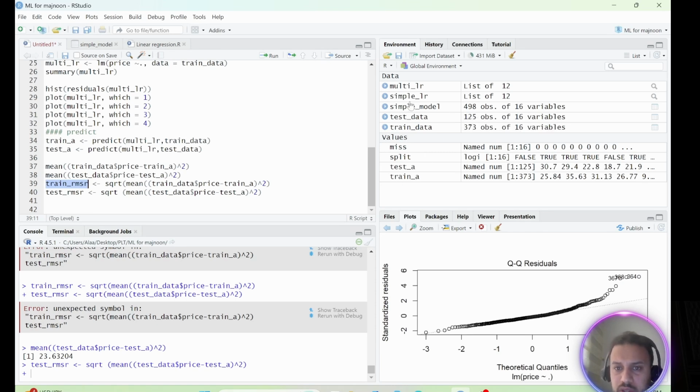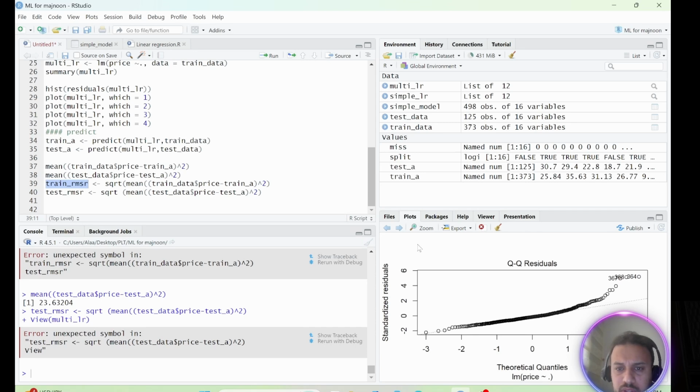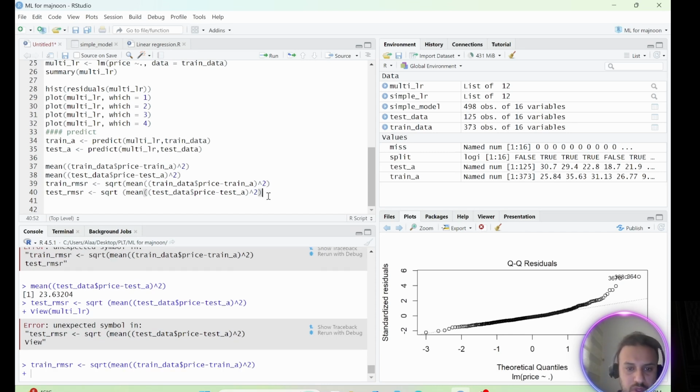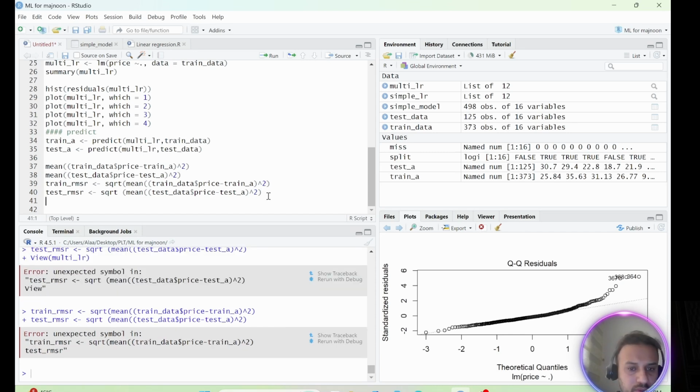Why is it not showing in here? Run again, this one mean square, and then we have the root mean square error.